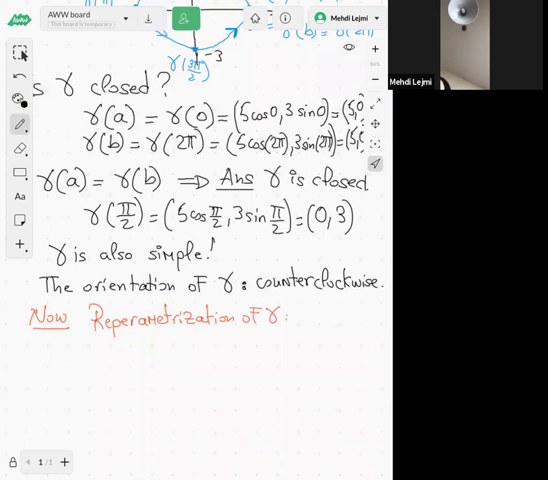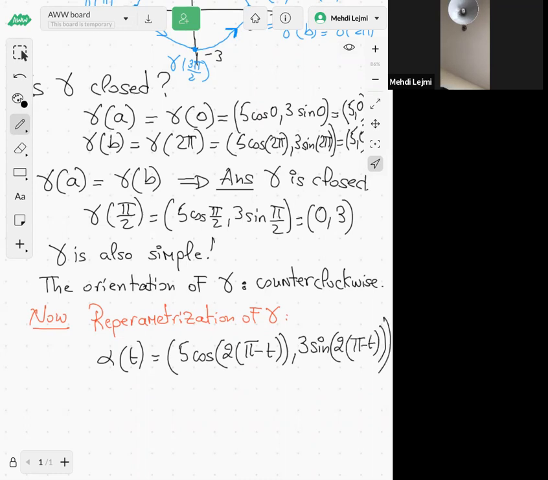Let's say alpha of t is equal to 5 cosine of (2 pi minus t), and 3 sine of (2 pi minus t), with t in the interval [0, pi].